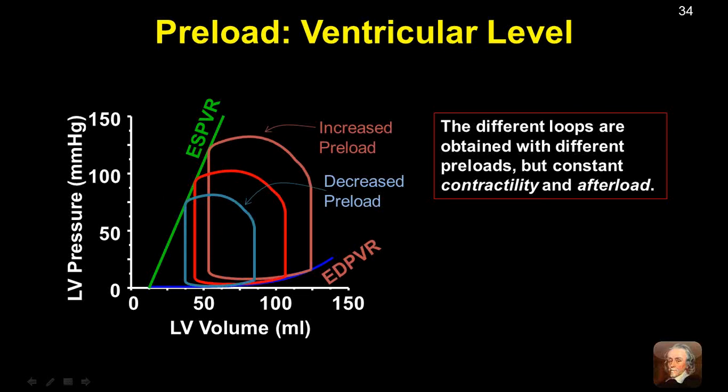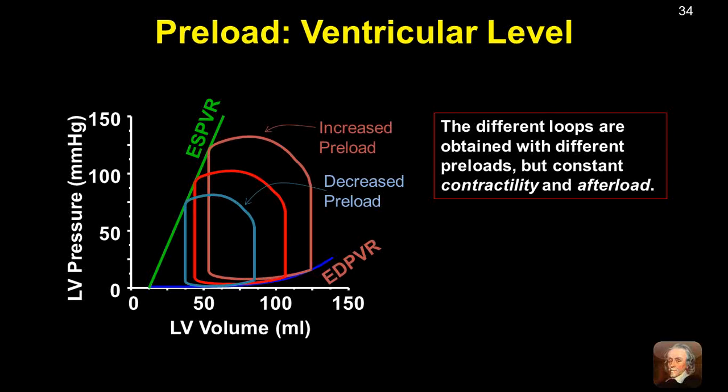So when we think about these different terms, afterload, preload, contractility, we want the definition of each of these terms to be independent of what's happening in the other components. In other words, when we define preload, we want it to be independent of afterload, and vice versa. So here you see that as I change preload, the pressure in the aorta is changing.